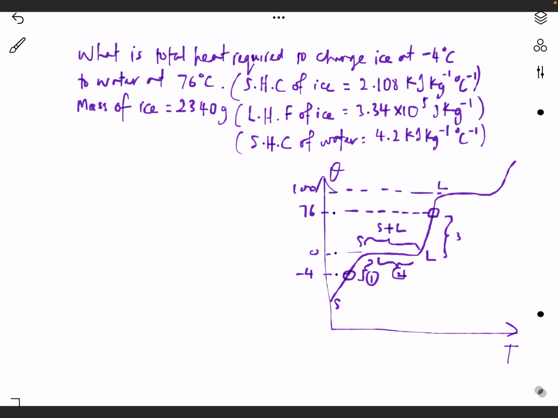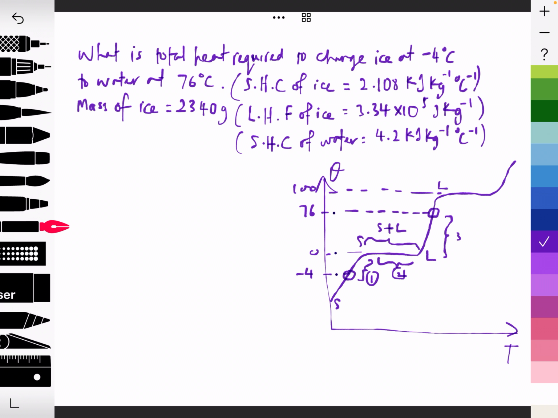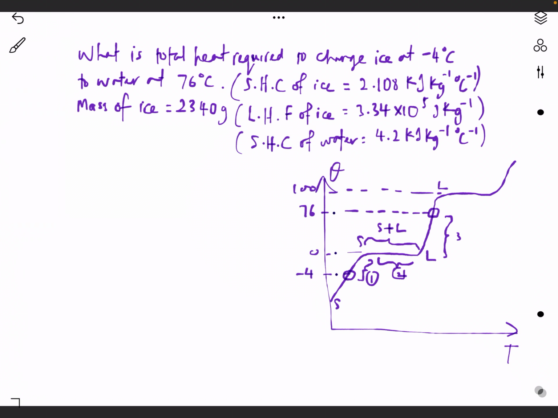So the total heat required in our calculation is, you can write Q stands for total heat, equal to Q1 plus Q2 plus Q3, because we have three parts here. Q1 is the change of temperature without change of phase, so you have to apply mcΔθ, plus, for the second part is the change of phase without change of temperature, so you use the formula mLf.